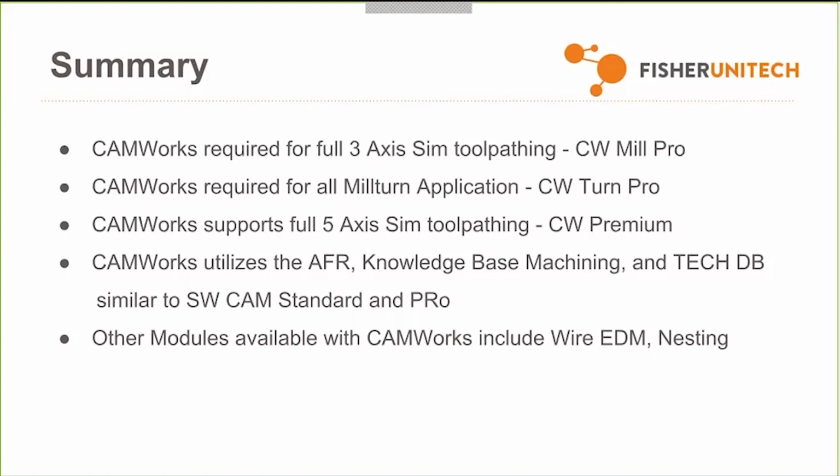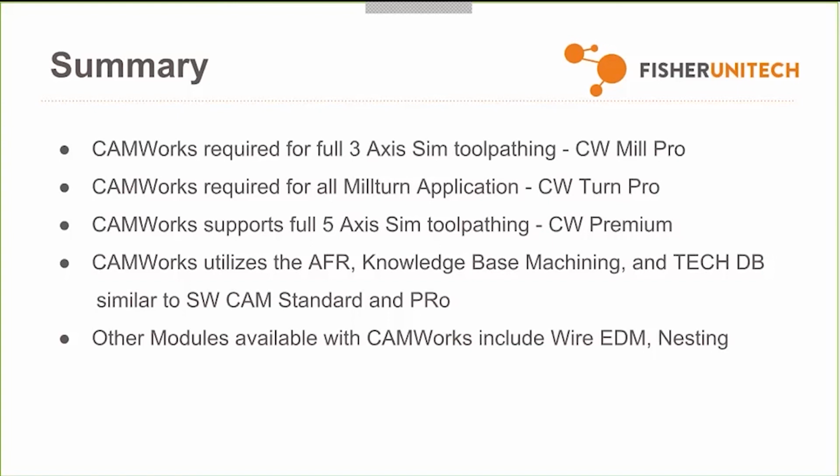SOLIDWORKS CAM Pro gives you the ability to do basic turning, for OD turning, ID turning, drilling on center, but that's it. You have no milling capabilities, no C, no Y-axis, no dual spindle, no dual turret. All mill turn applications fall within CAMWorks Turn Pro.